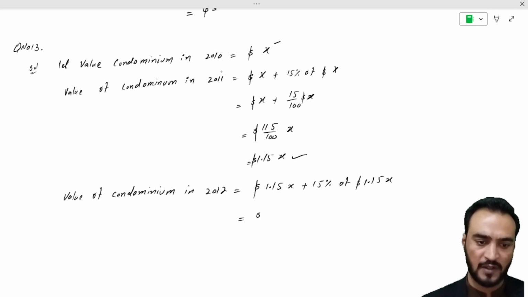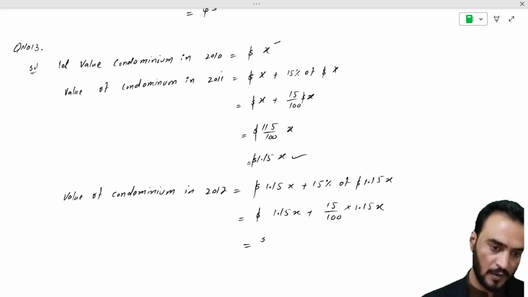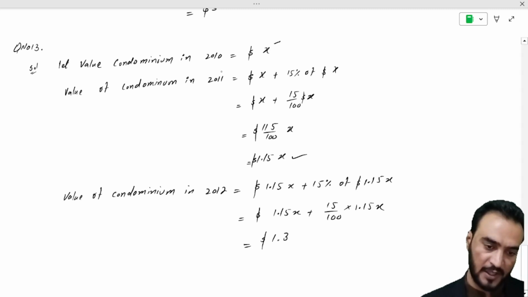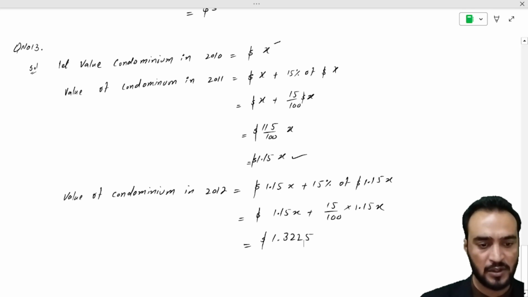Let us solve that. 1.15X plus 15 over 100 times 1.15X. Simplifying that and totaling, we will get the value of condominium, which is 1.3225X. So this is the value of condominium in 2012.